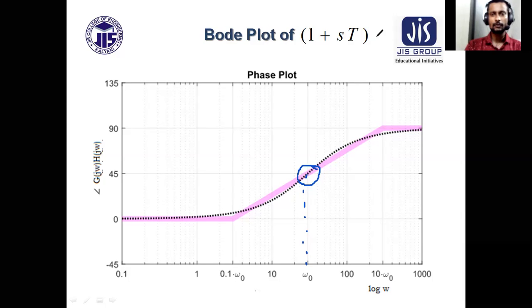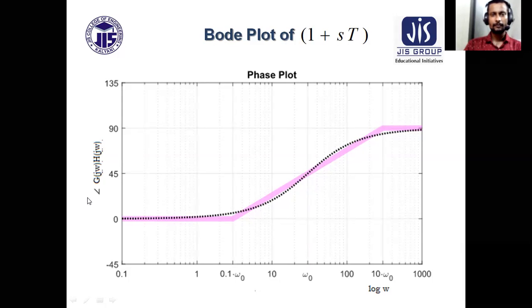So from all those discussions, we could conclude that for pole term, the magnitude plot will be 0 initially. At corner frequency, the slope will start changing and the slope will become minus 20 dB per decade. For 0 term, the slope will be plus 20 dB per decade. So this is the difference between 1 by 1 plus st term and 1 plus st term.